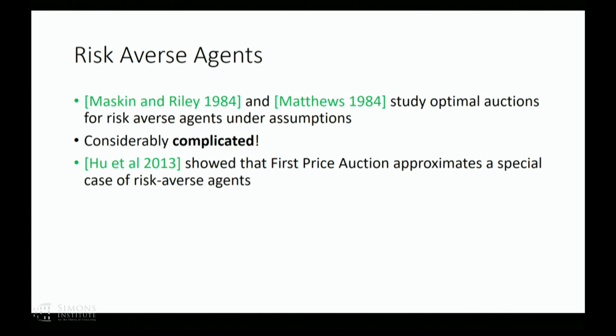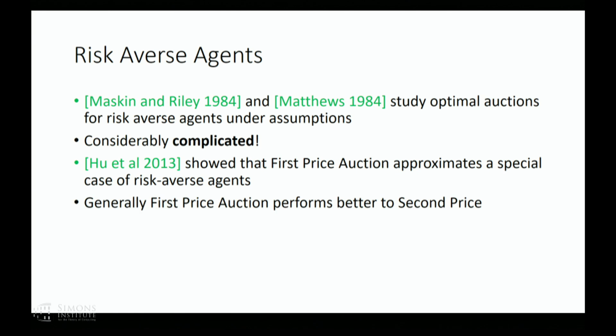There is some work that tries to find approximations, but I think the most interesting direction for research in this particular problem is to identify approximations that do well compared to the very complicated optimal auction. And generally, the intuition is that first price auction performs better in the presence of risk-averse agents. So that's what we know about risk-averse agents.